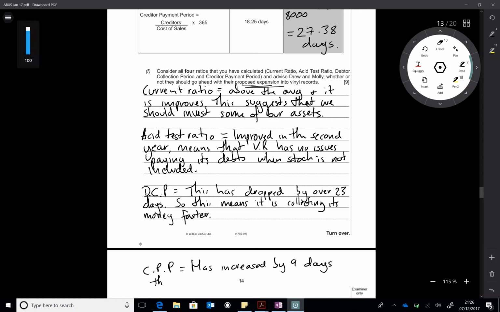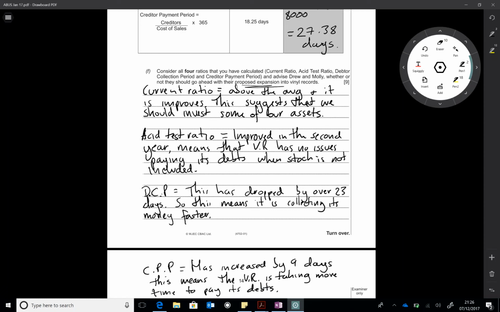Okay, now to get our final mark, we need to say this means that Vinyl Revival is taking more time to pay its debts. Okay, so it just means it gets more credit.